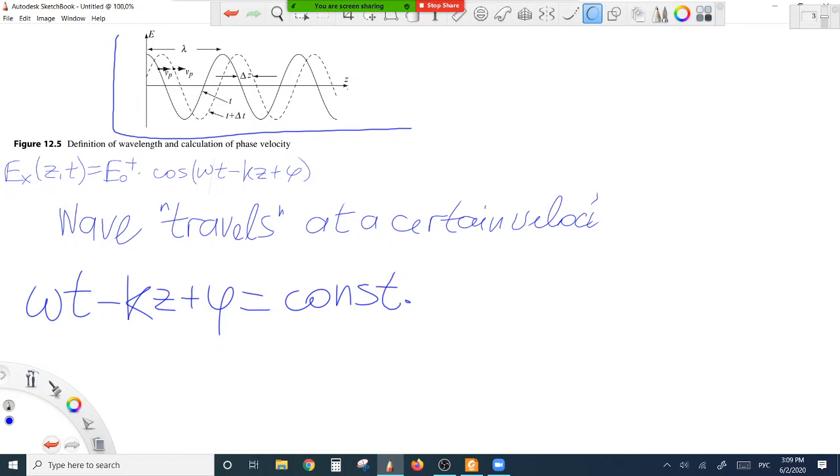From this expression we may find that z is equal to omega t over k plus phi over k minus constant.